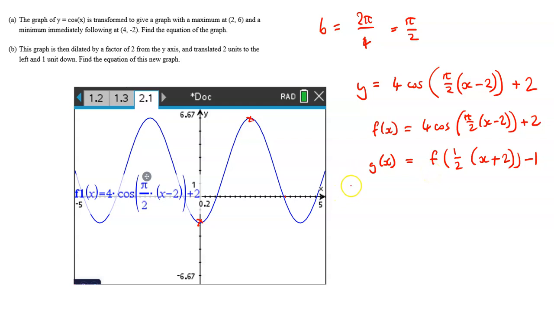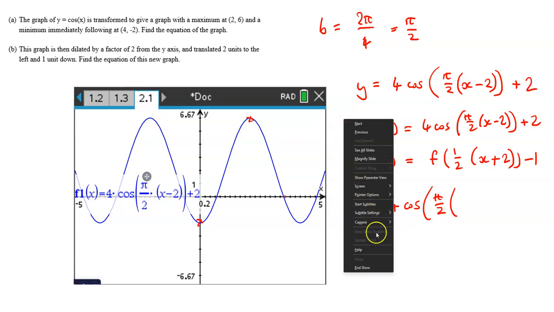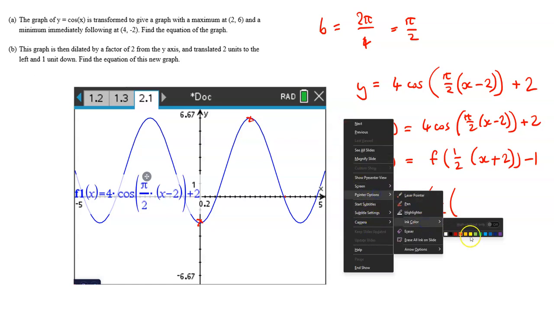Yes. So this is a bit like a compound function, a g on f of something. We're going to substitute this part here into x. So g of x now equals 4 cos pi on 2. This is still the same as this bit here. And then instead of x minus 2, I might put this in blue to show you how it's fitting in.